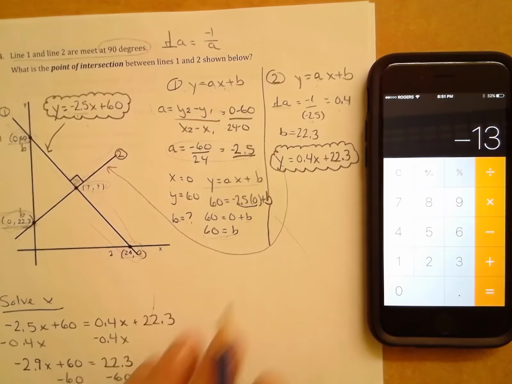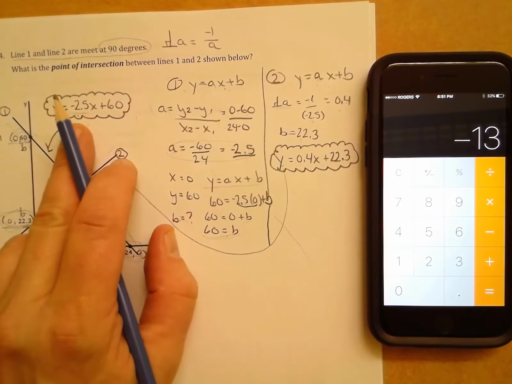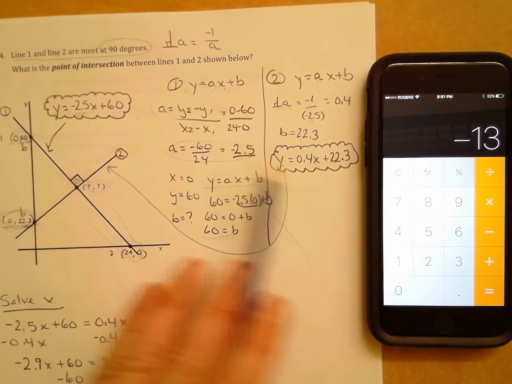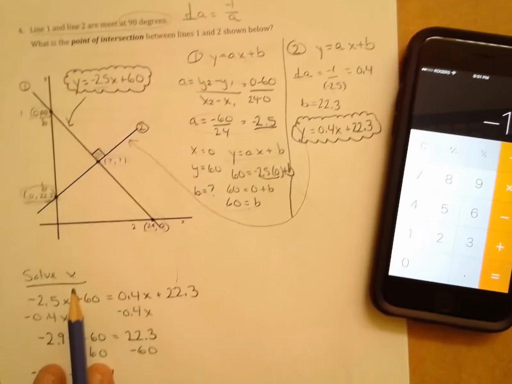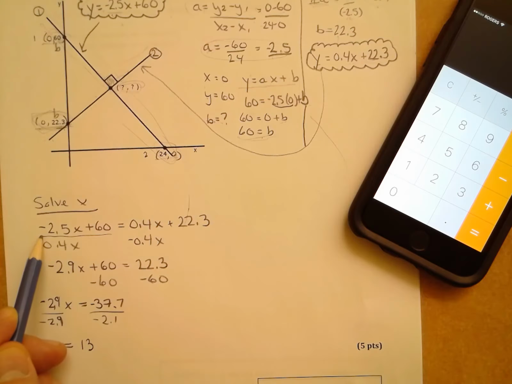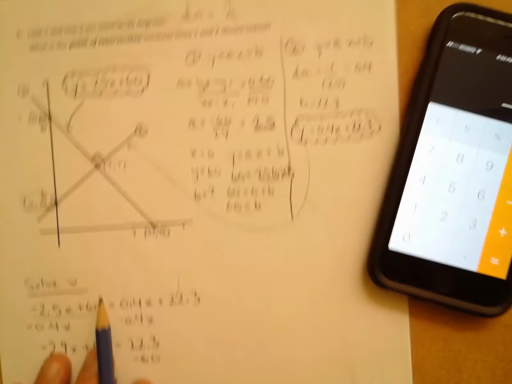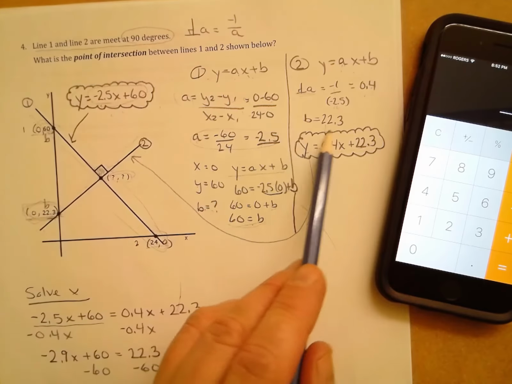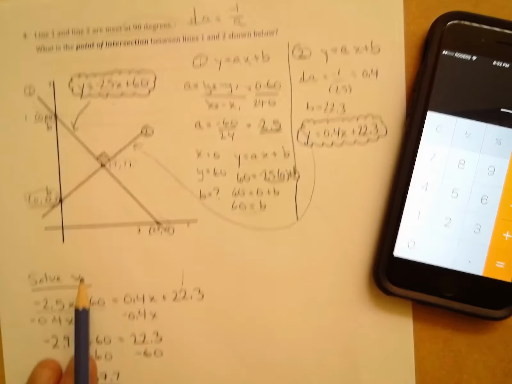So that means if I take this equation and this equation, I now am looking at a situation exactly like the other question. So I have 2 full-blown equations, and now I just have to solve for x. So I've done that down here. I took the right-hand side of the first equation, y is equal to -2.5x plus 60, and I made it equal to the right-hand side over here, 0.4x plus 22.3.